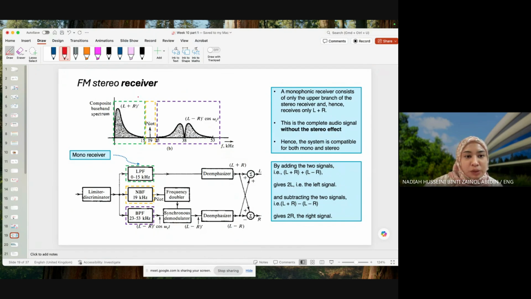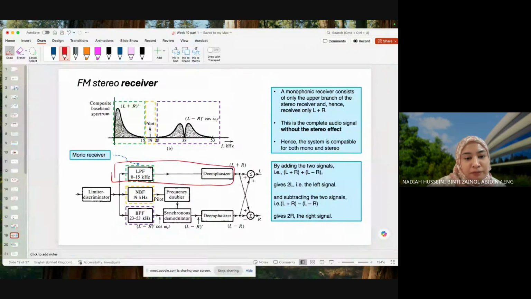Okay, so this is what we are receiving, the FM stereo receiver. So this is divided into 3 regions, and we will have 3 different filters to cater the 3 different regions. Okay, so the top part is the mono receiver part, the rest belongs to the stereo.